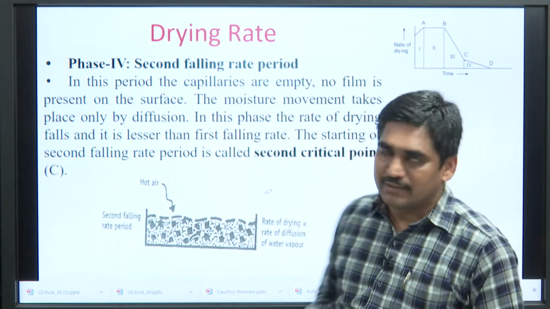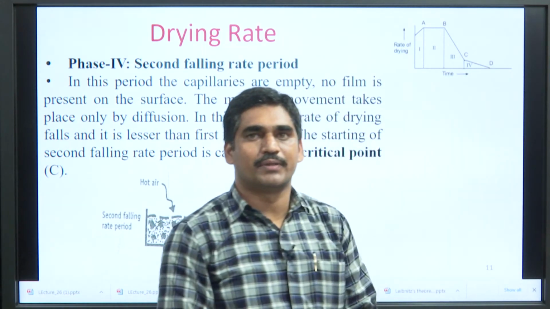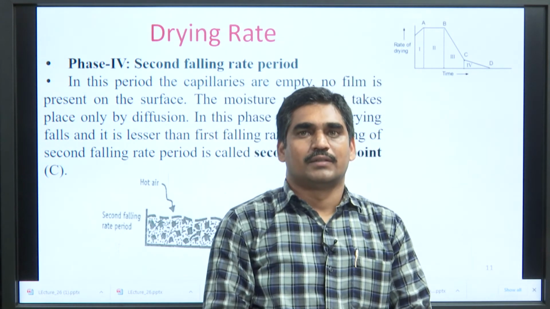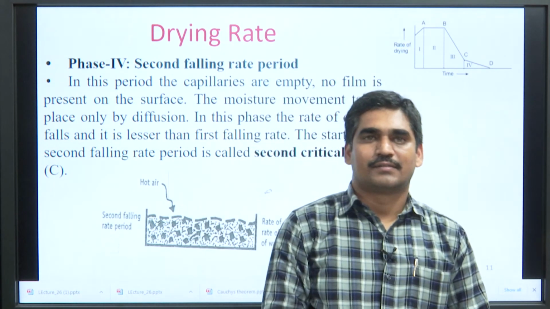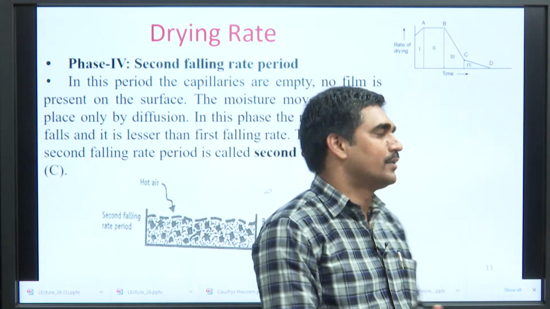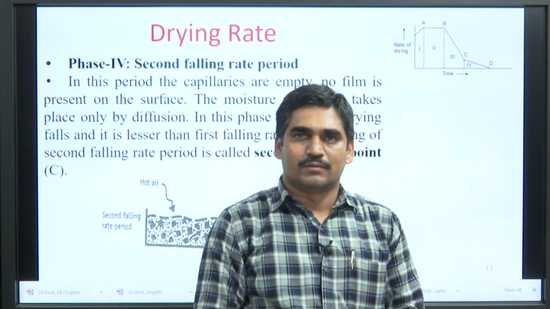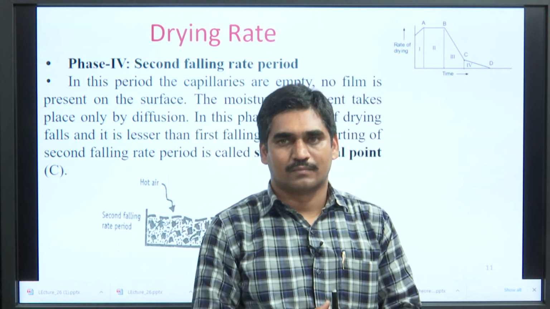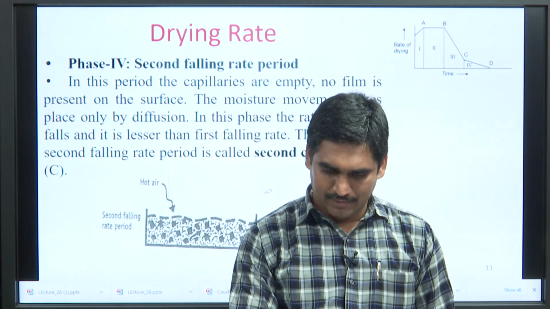The starting of the second falling rate period is called the second critical point, that is this C point.